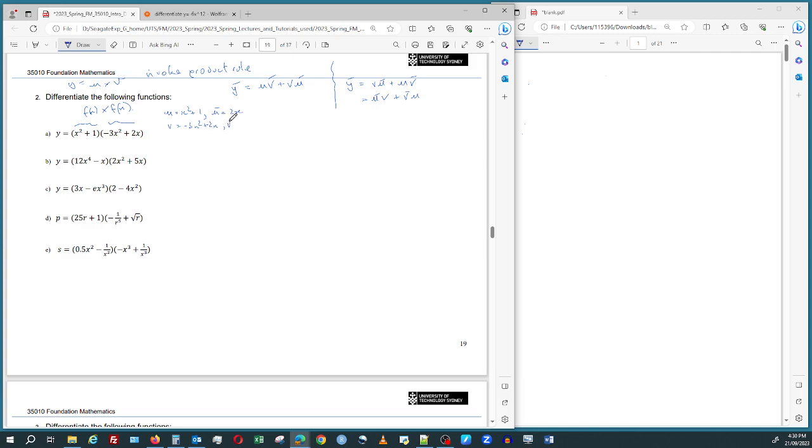Therefore, v dash will be equal to minus 6x plus 2. So the calculus is already done. Now we're just formulating gymnastics and putting it into the form that is suitable. Okay? So we've got our UV products.